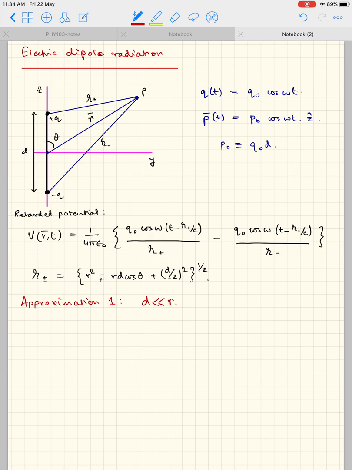Okay, so if d is much less than r, remember that if you have an expansion of 1 plus x whole to the n, this is approximately equal to 1 plus nx when x is much less than 1.